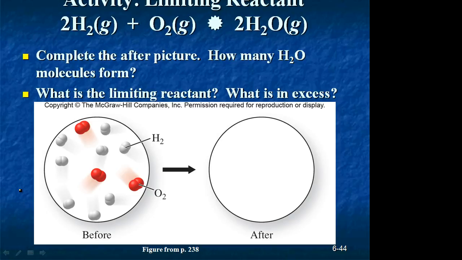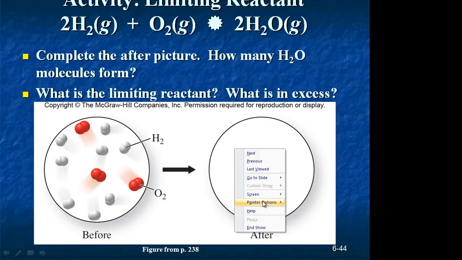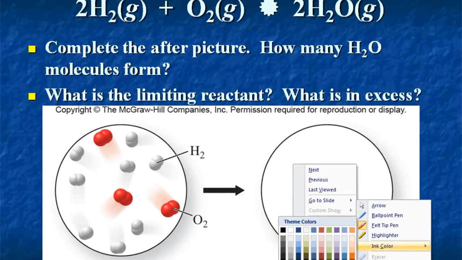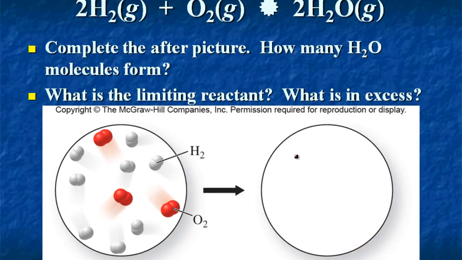What is the ratio between oxygen and water? Every 1 molecule of oxygen will give 2 molecules of water, right? So 3 molecules of oxygen should give 6 molecules of water. So if you were to complete this after picture, you will have 6 H2O molecules and what else?